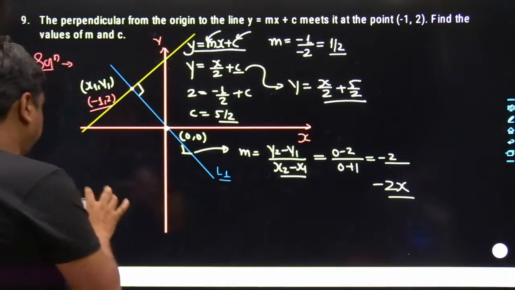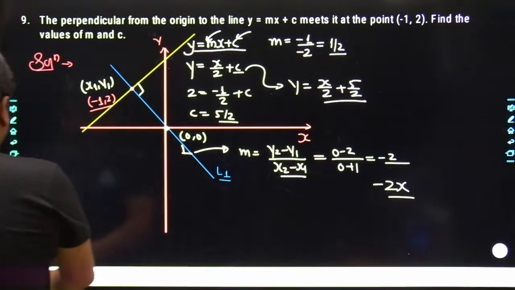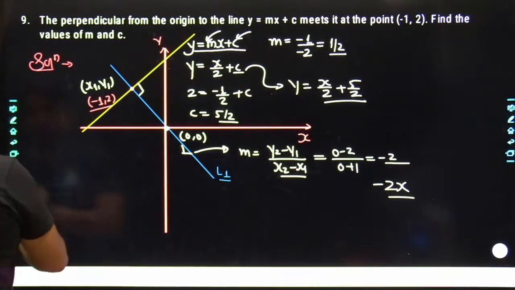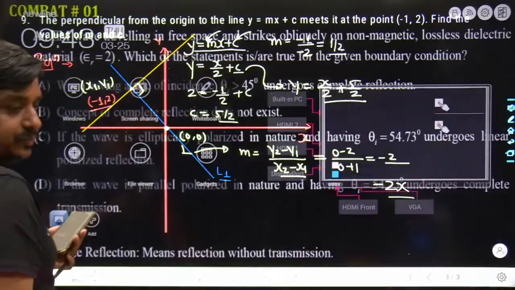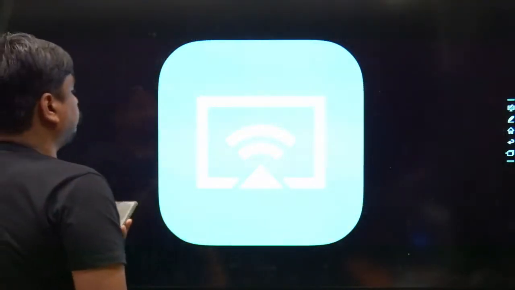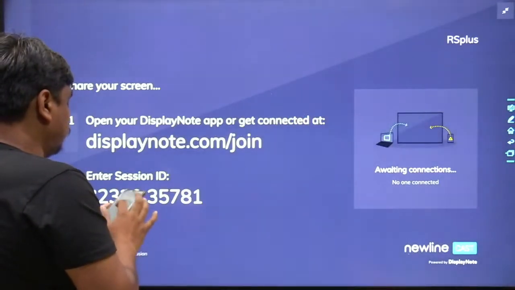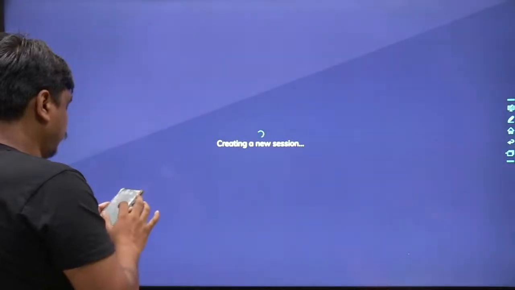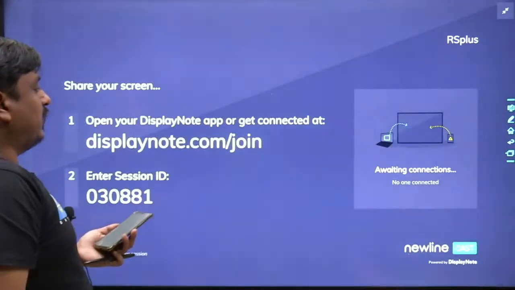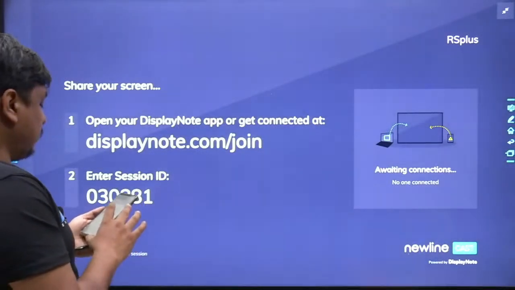And now it's time to show over the board. Just a minute. How should I be doing it? Let me connect my mobile to this digital board just to show the actual curves, and whether those curves are perpendicular to each other or not.